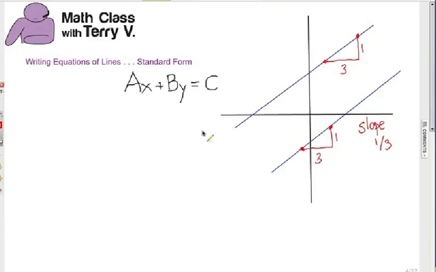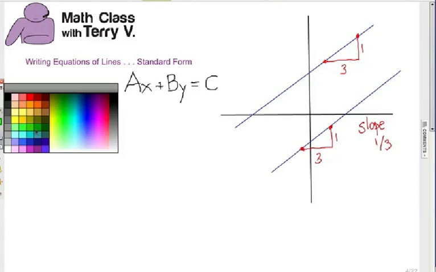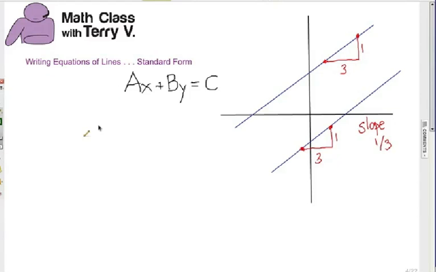The other idea is that if we have a perpendicular line, let me draw one in green this time. Let's say I don't know the slope of these lines, but I do know how they compare to the green line because they are perpendicular. In other words, it makes a right angle here, and it makes a right angle here.